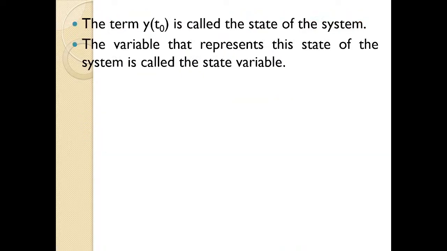The term y of t0, the output obtained at initial condition, is known as the state of the system, and the variable that represents this state of the system is known as the state variable.